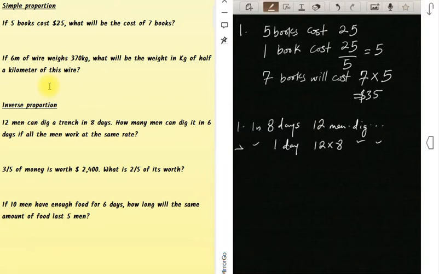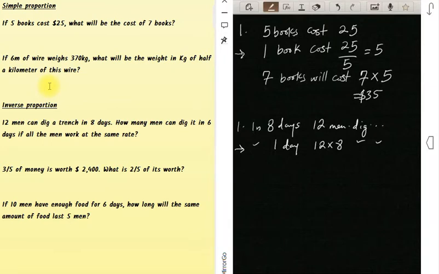When you're comparing with a unit and then you have to multiply, it tells you that you need to get more values. For direct, when you're comparing a unit, you need to divide. That's how we know it's direct. But in inverse, you are going to get more quantity. That's how you get to know that this is an inverse proportion.